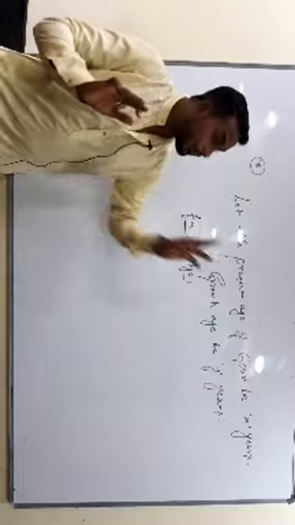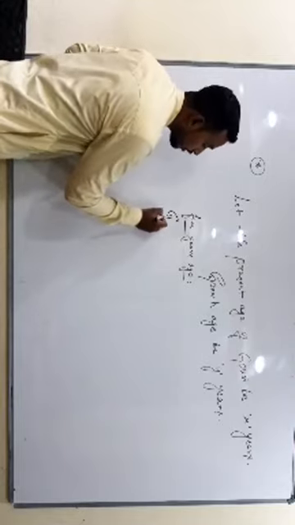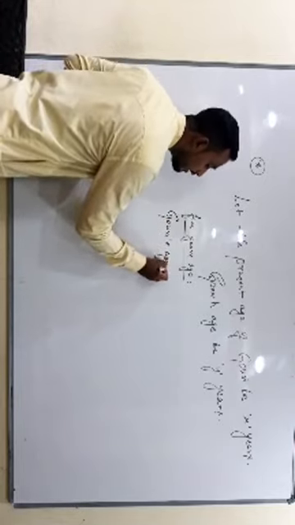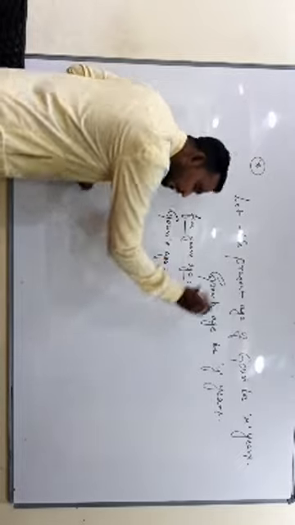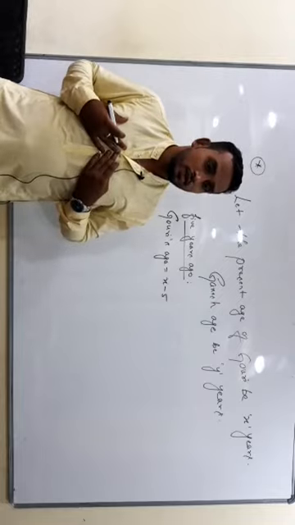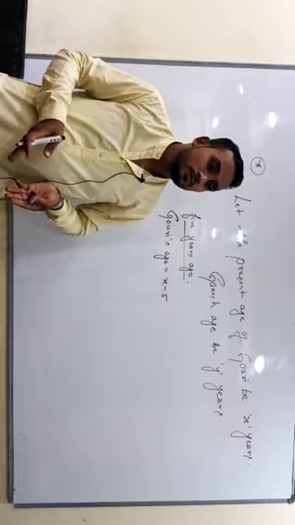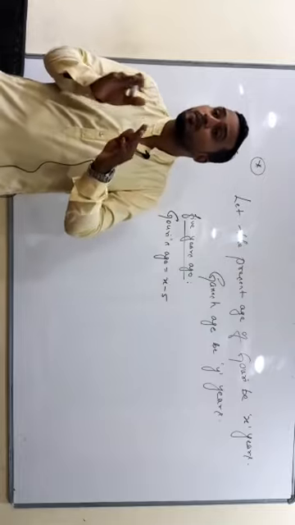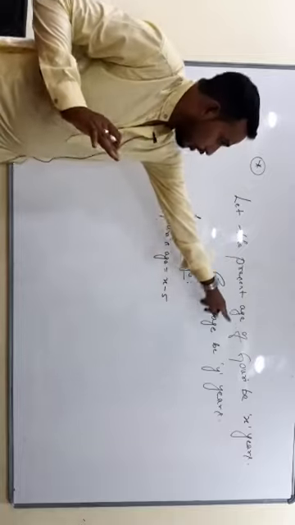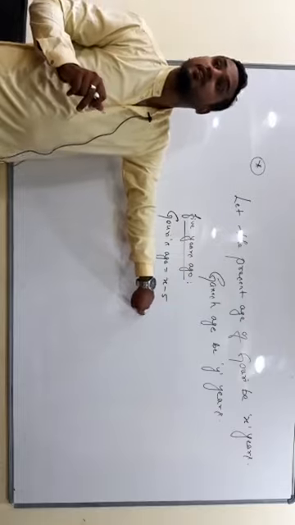Present age is X, then 5 years ago Gauri's age will be x minus 5. Suppose now my age is 10 years. 5 years before, you should do minus 5 with the present age. Understood? Gauri's age now is x years, 5 years before it was x minus 5 years.